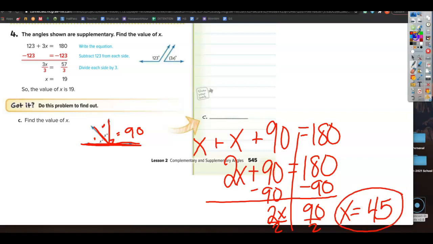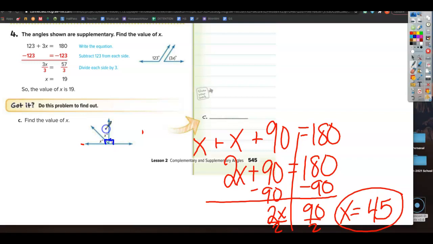Okay, the second way we could have done this is looking at them. Since this is 90, that means this side is also 90, correct?